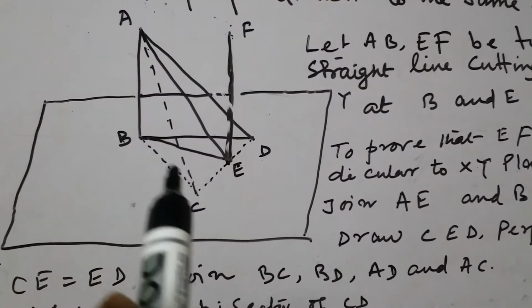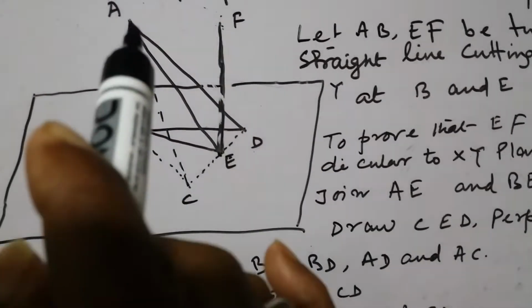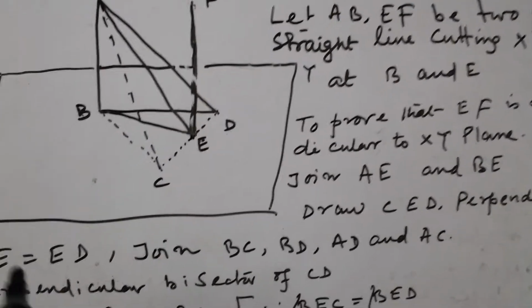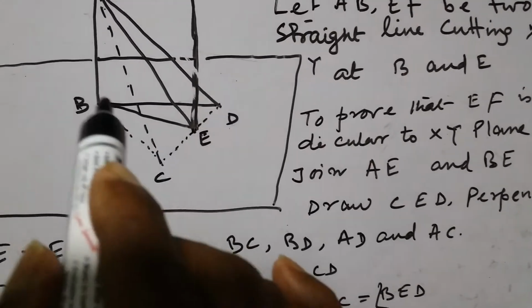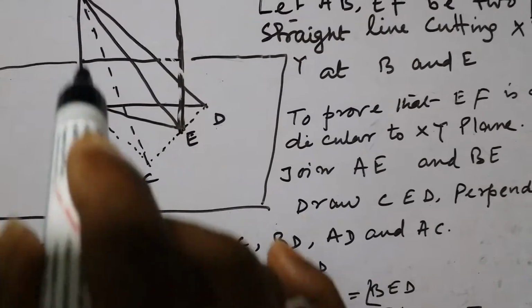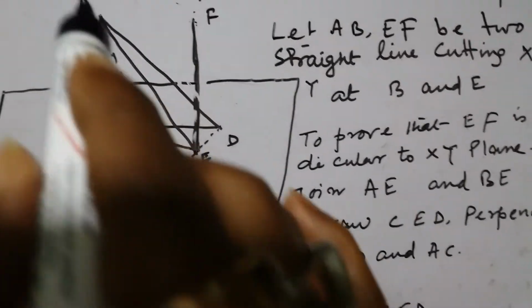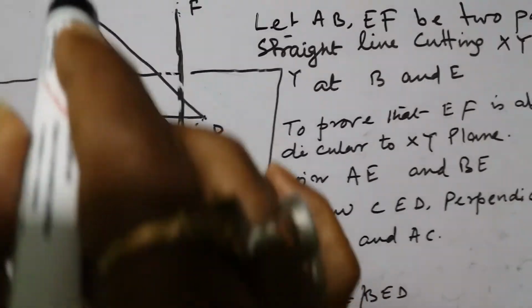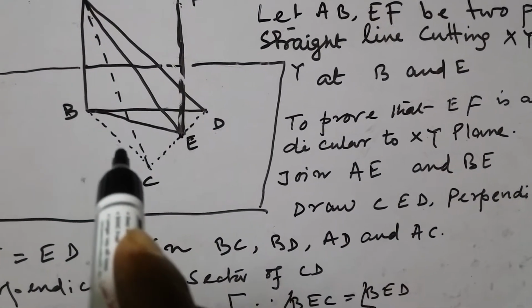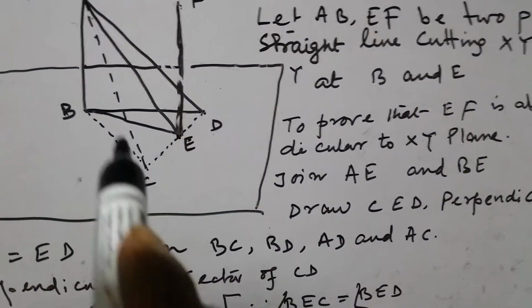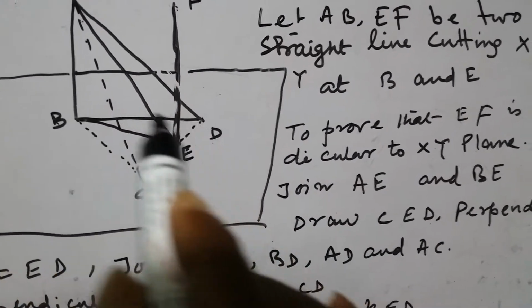Now in ABC and ABD, what do we get? BC is equal to BD, AB is common, and since BCE and BED are congruent, angle ABC and angle ABD are also perpendicular.